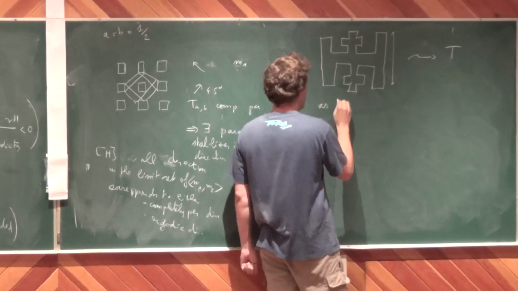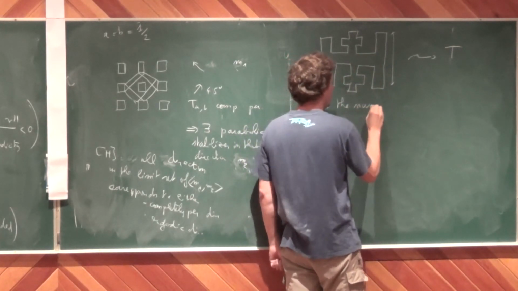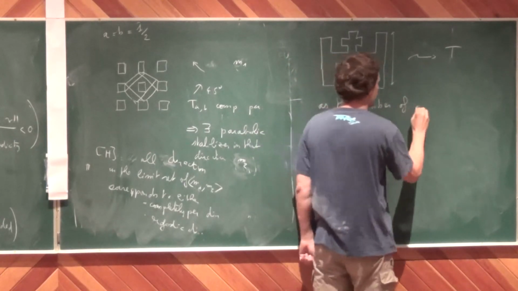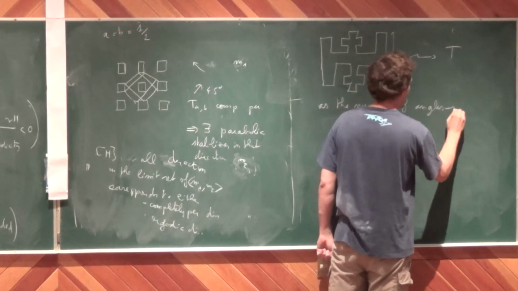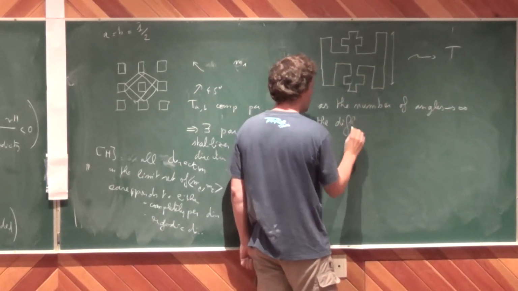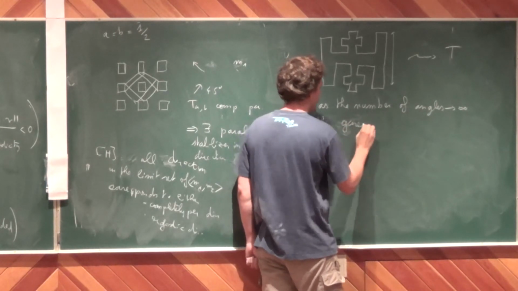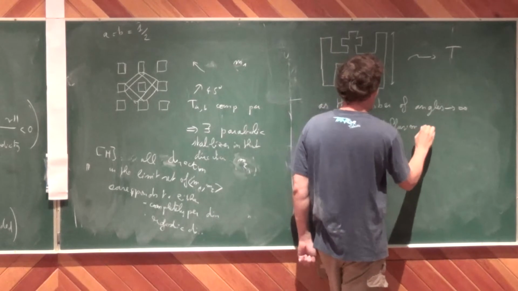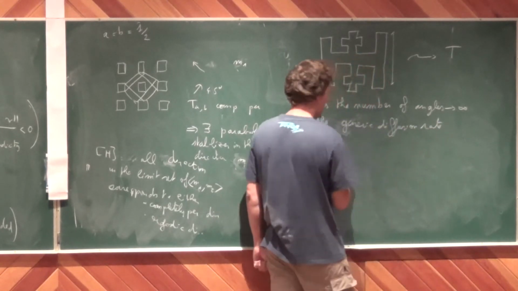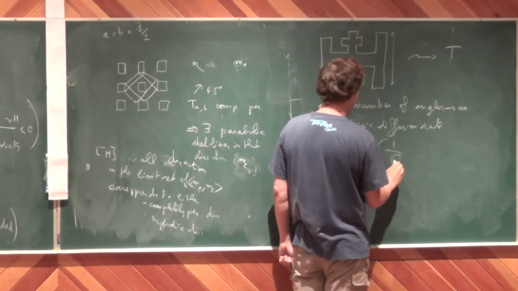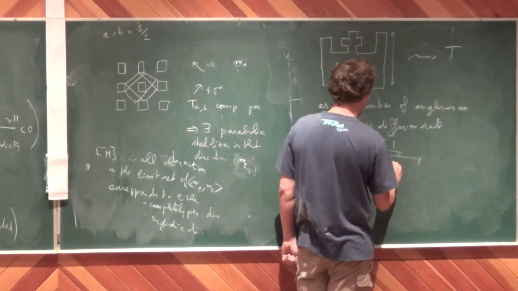As the number of angles goes to infinity, the diffusion, so this is a generic diffusion rate, goes to 0, and moreover there is a speed which is 1 over the square root of the number of angles.